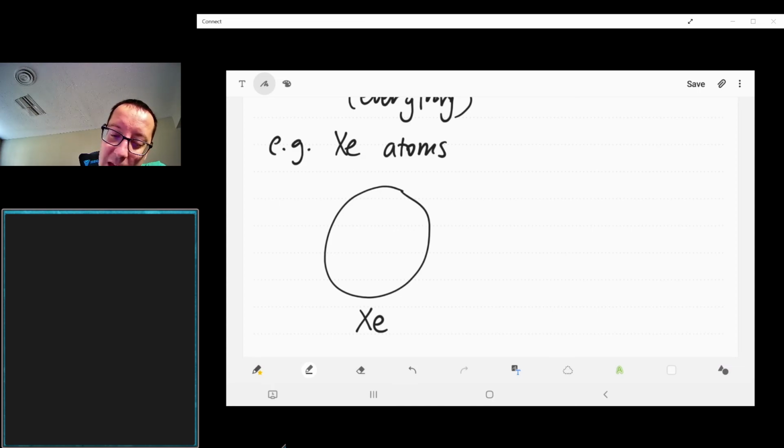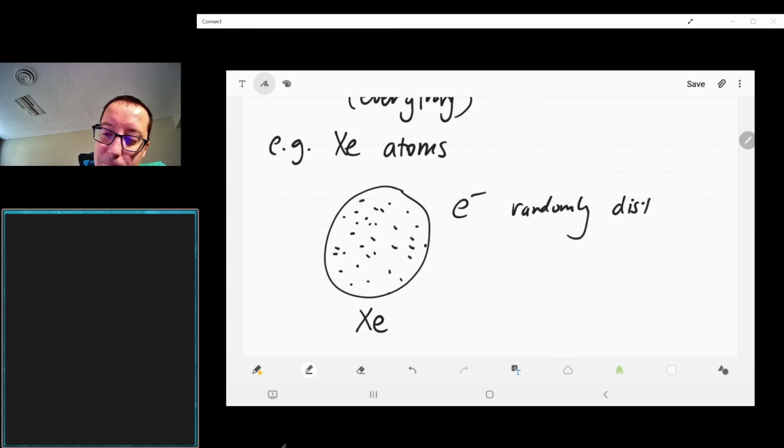So if you imagine you have 54 electrons zipping around in their various orbitals in here. So electrons are kind of randomly distributed. So the more electrons you have, we're going to see that the force will become stronger.